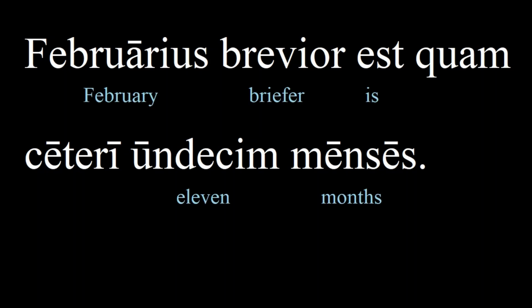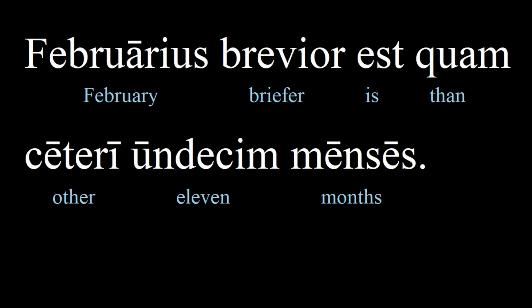This is the comparative form of brevis. And since this is a comparison, one of the words must mean than. Which is it? Quam. And do you remember the literal meaning of et cetera? And others. So the full sentence means February is briefer than the other 11 months.